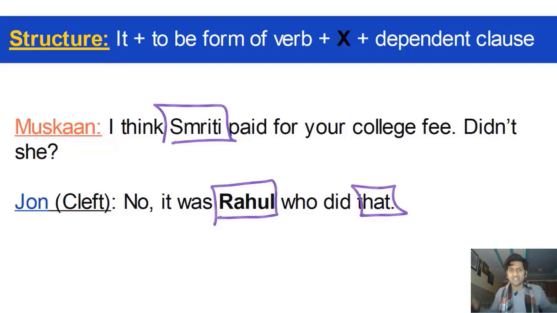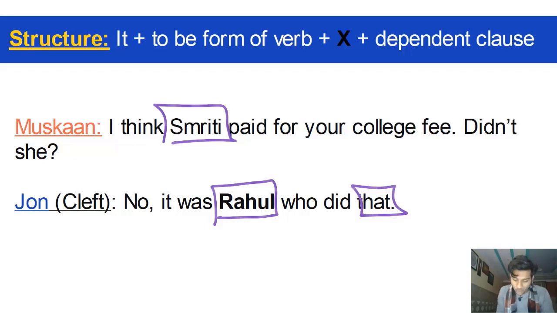So this part is already understood. We're just focusing on the newly added information. The person says something in which one particular element is incorrect and you want to focus on that and you want to correct it as well. So it was not Smriti who paid for my college fee. It was Rahul who did that.